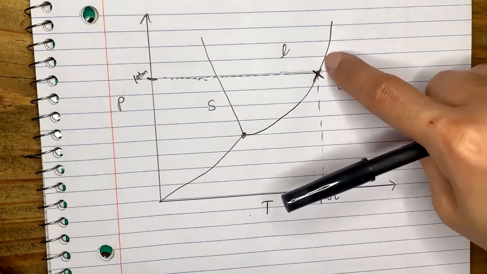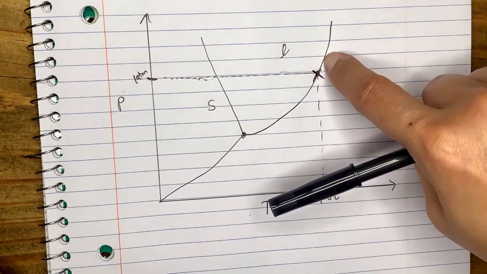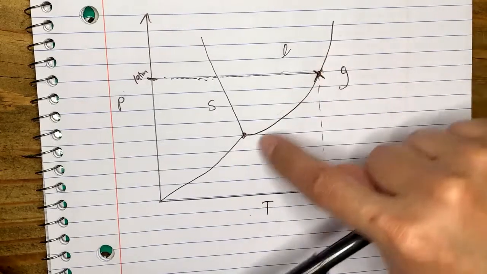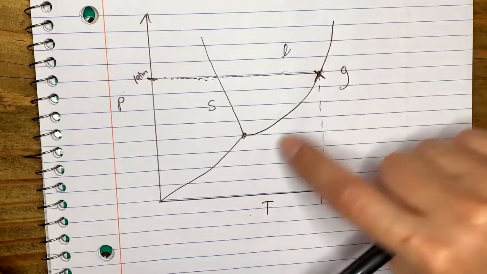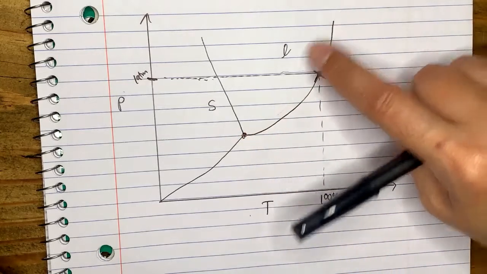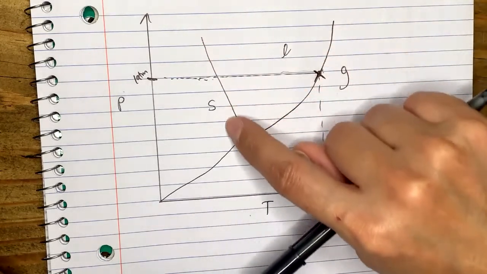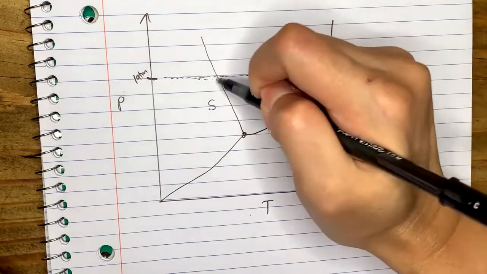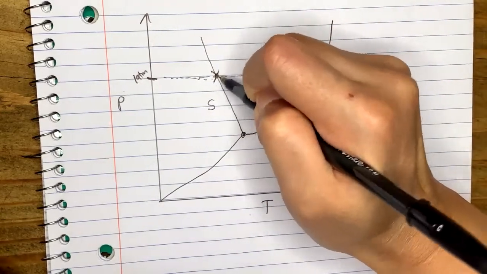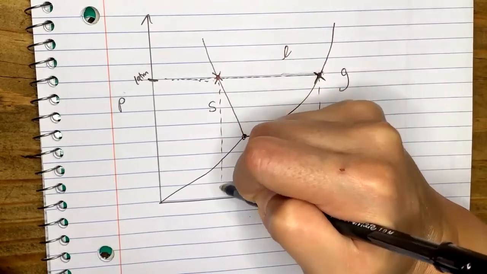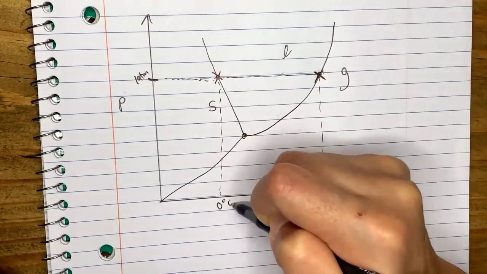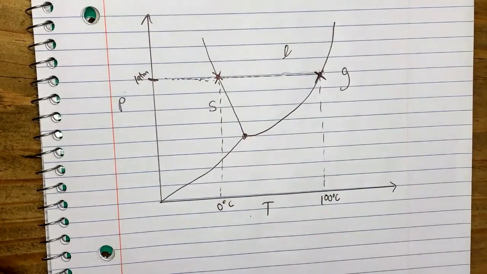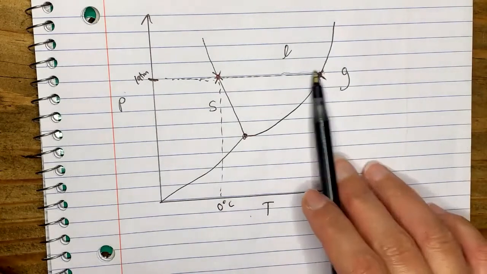If you're on this line here, liquid and gas exist together, because it's the line where you can find boiling points. So what is the line dividing solid and liquid? This is the line where you can find the melting point or freezing point. In this case, that would be 0 degrees Celsius for water. So this is the melting point, and that's the boiling point right there.